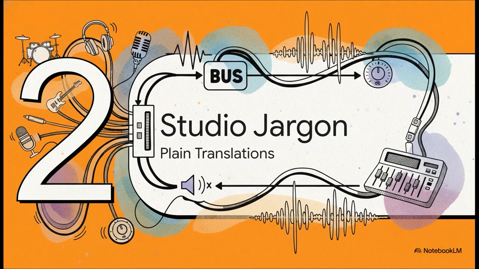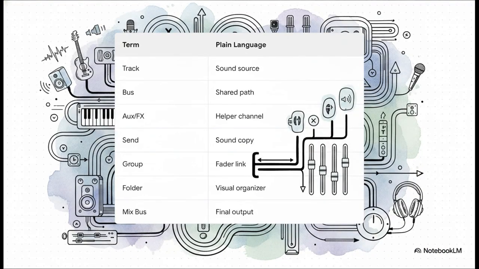All right, Section 2, decoding the studio jargon. Plain language translations for intimidating terms. So these terms are actually incredibly simple when we strip away all the mystery. A track? That's just your sound source, where the actual recording lives. A bus is that shared audio path we were just talking about. An aux or FX channel is simply a helper channel, usually holding something like a reverb or delay.